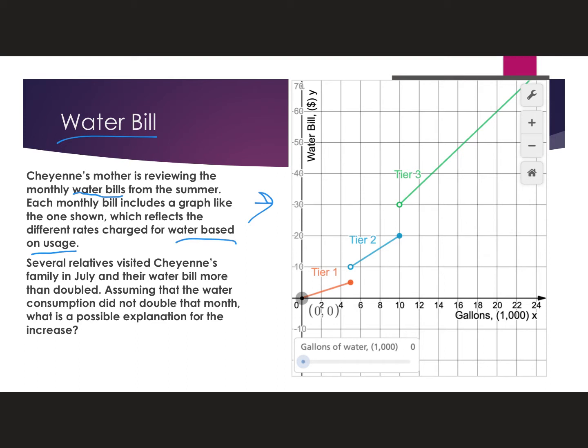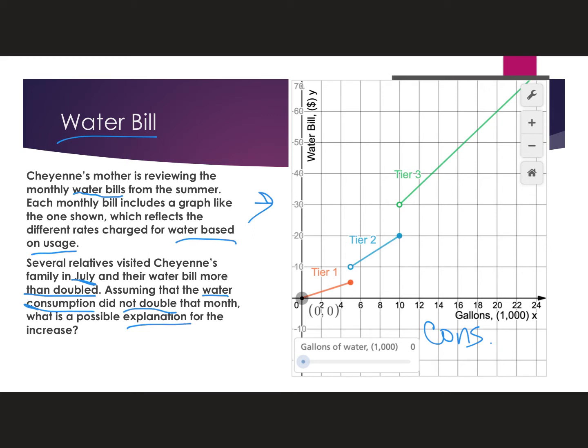Several relatives visited Cheyenne's family in July, and their water bill more than doubled. Assuming that the water consumption is down here, this is our consumption, it did not double. What is an explanation for the increase?